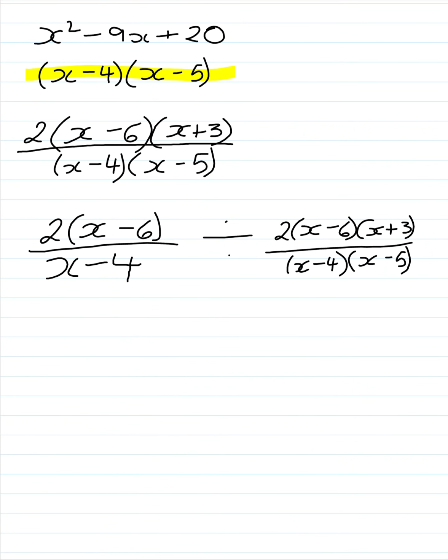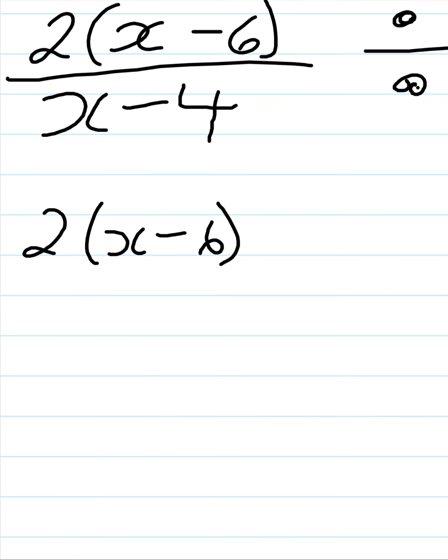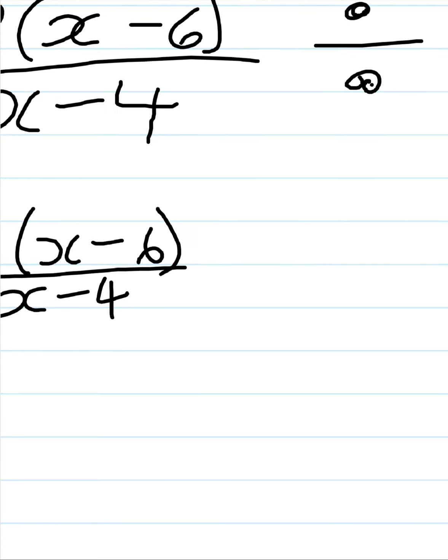Now, to deal with the division sign. When dividing two fractions, we keep the first one the same, we flip the second one upside down, and we change the sign in the middle. So let's do just that. We get 2 lots of x minus 6 divided by x minus 4, because we keep the first one the same.